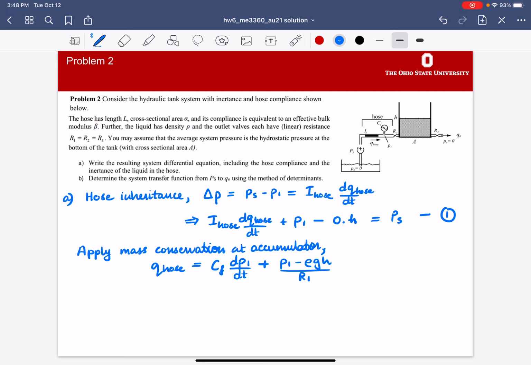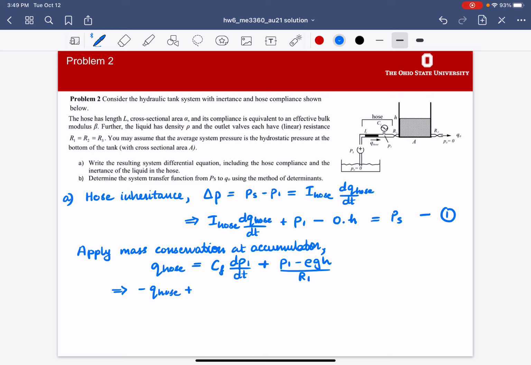This is equation 2. And now we want to rearrange this equation as well so that it fits that form that we are looking for. So in this case, it can be essentially written down as that.